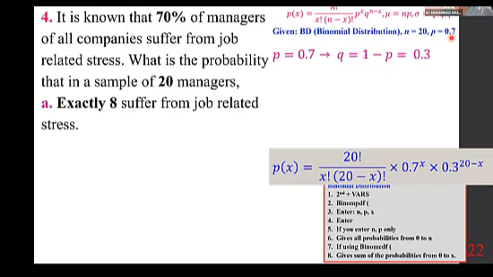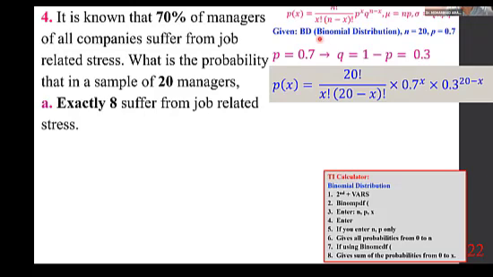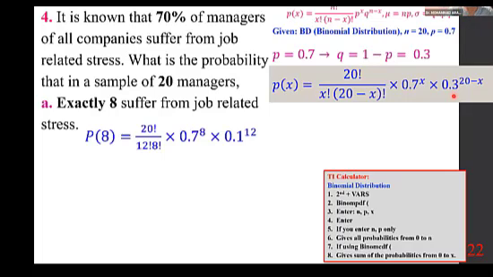So we can plug into this formula the value of N, which is 20, the value of P, which is 0.7, and the value of Q, which is 0.3, or you can even write 1 minus 0.7. Either way is fine. And we want the probability of 8.